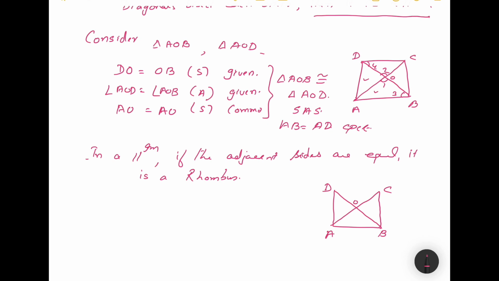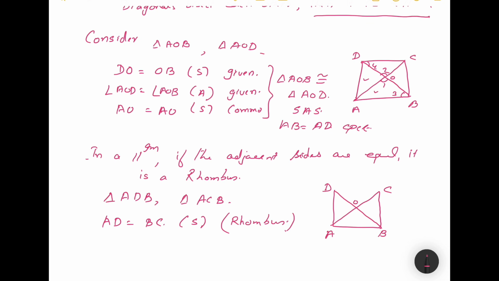So consider triangle ADB and triangle ACB. We know AD is equal to BC because we have proved ABCD is a rhombus, so all the sides are equal.